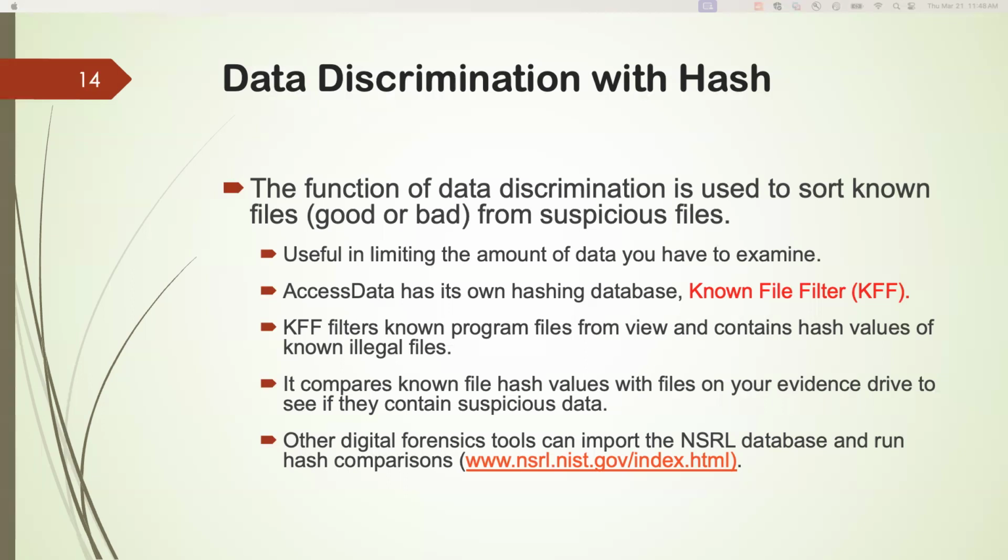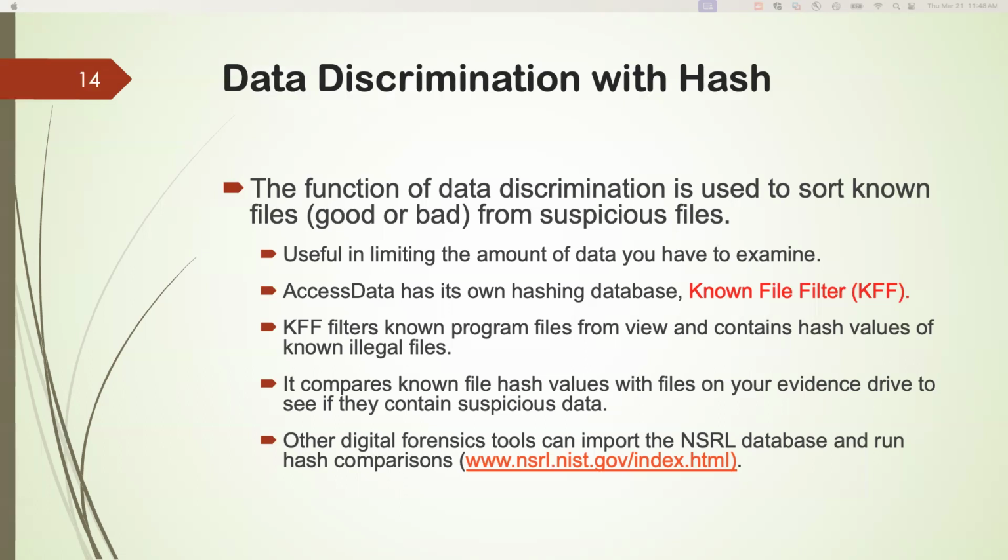So for example, all the Windows DLL files or all the Windows files that are benign, we will match their hash. If the hash of a given file matches with a known good file, we separate that out. If it matches with a known bad file, then automatically it is a red flag. So we categorize it as a bad file, and we can look into that later on.